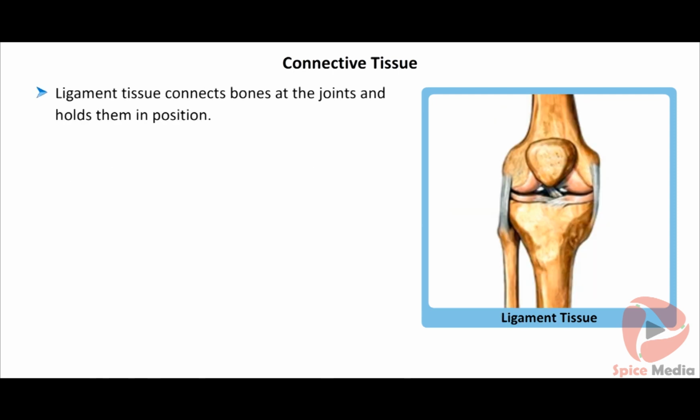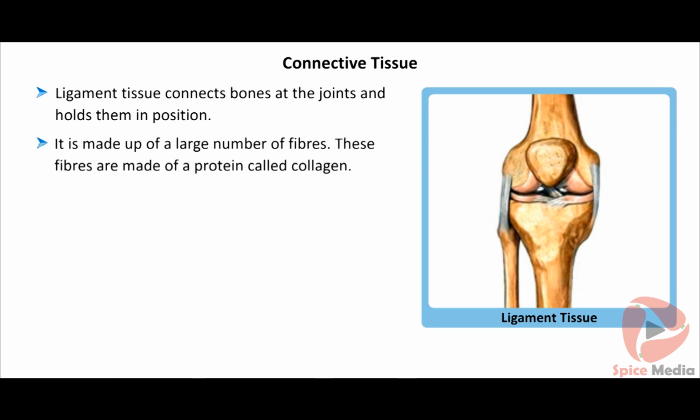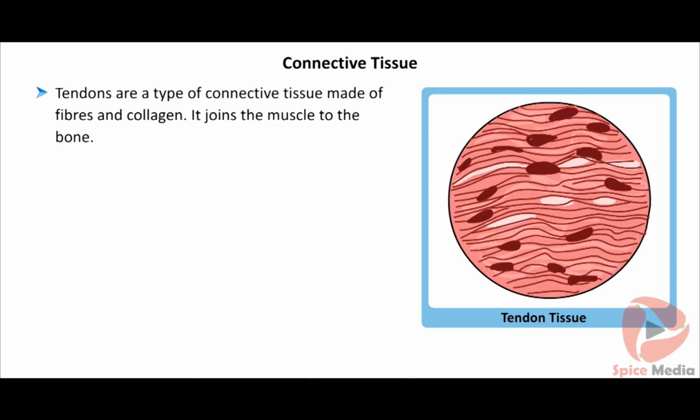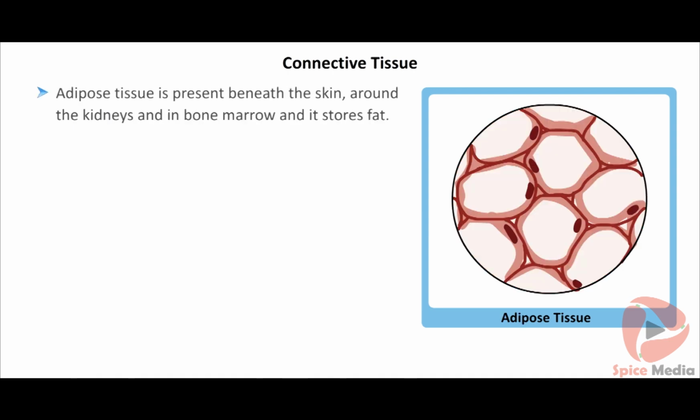Ligament tissue connects bones at the joints and holds them in position. It is made up of a large number of fibers. These fibers are made of a protein called collagen. Tendons are a type of connective tissue made of fibers and collagen. It joins the muscle to the bone.